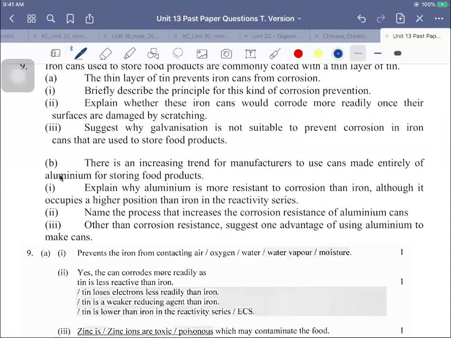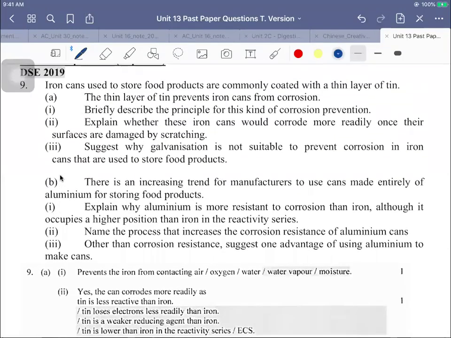It's the zinc ion that's toxic. So write an accurate answer, and don't write galvanization is toxic. And I think I marked some of your parts wrong. If I make mistakes, please correct them yourself.